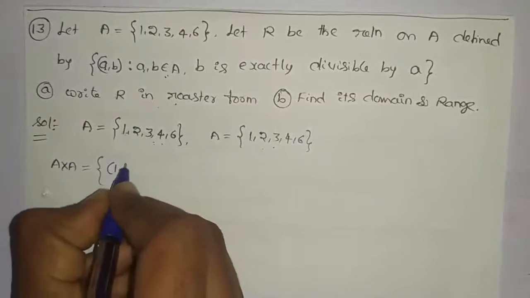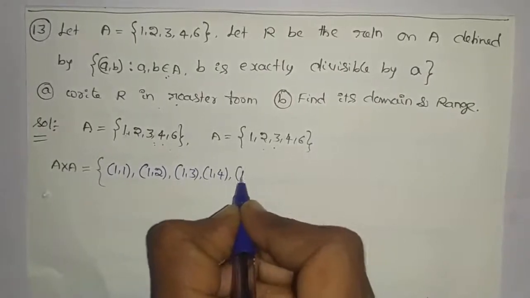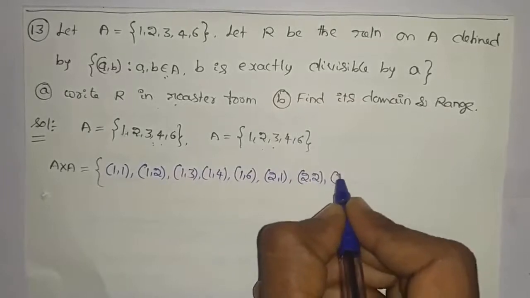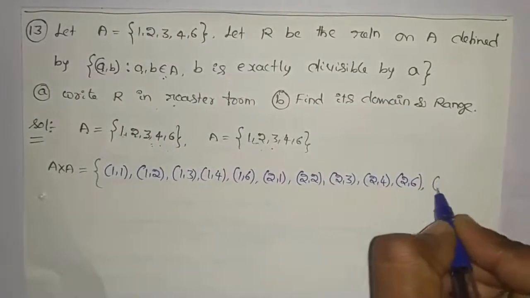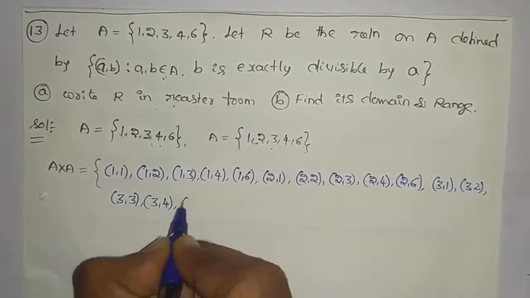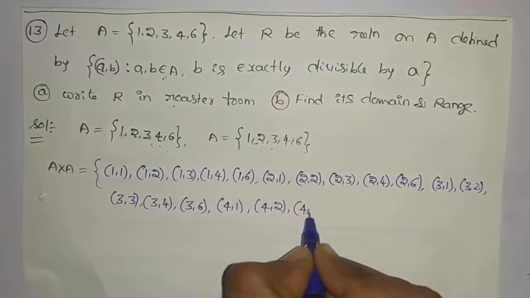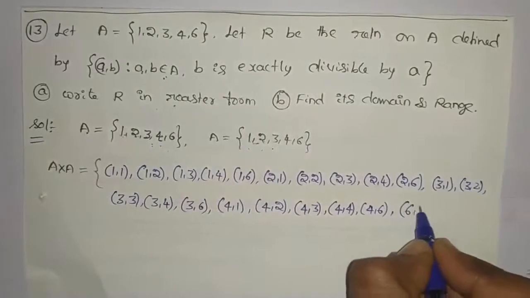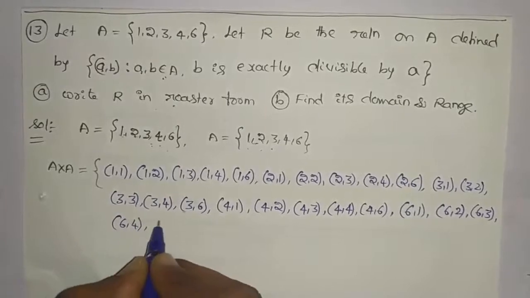(1,1), (1,2), (1,3), (1,4), (1,6). Next (2,1), (2,2), (2,3), (2,4), (2,6). Next (3,1), (3,2), (3,3), (3,4), (3,6). Next (4,1), (4,2), (4,3), (4,4), (4,6). Next (6,1), (6,2), (6,3), (6,4), (6,6).